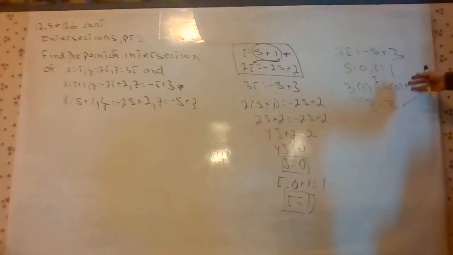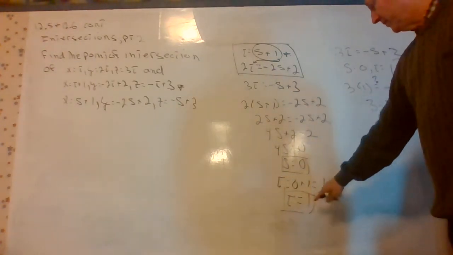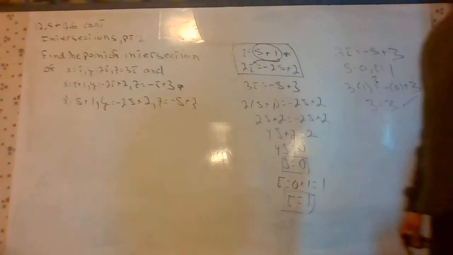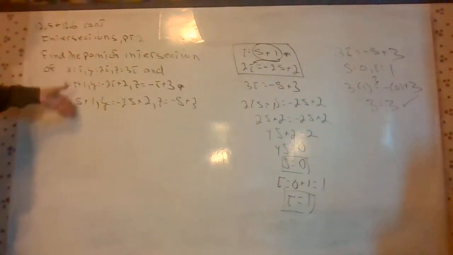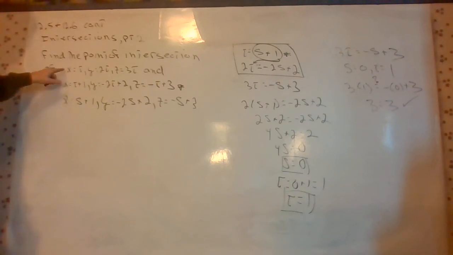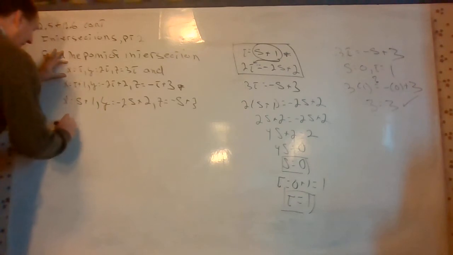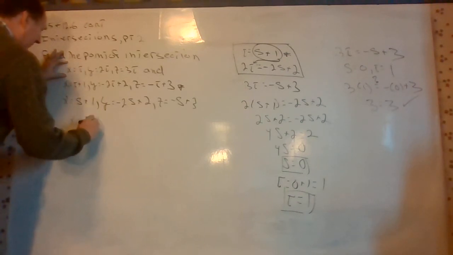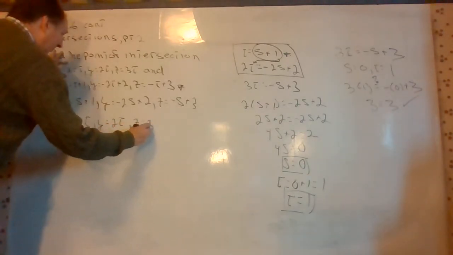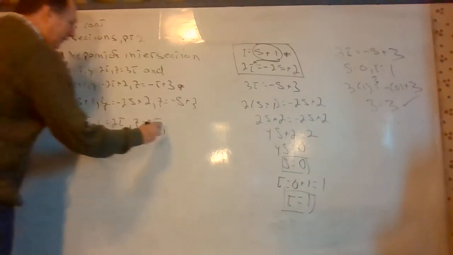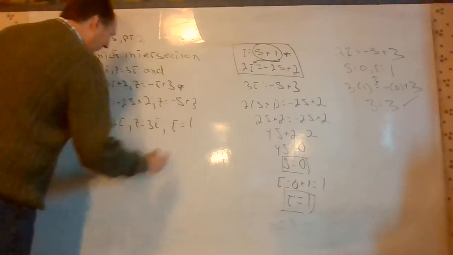I've simply shown you when s equals 0 and t equals 1. We can go back to the line equations. You can do both as a check, but technically you only need one. Take this first one. We left that parameter t. And so we're going to take x equals t, y equals 2t, z equals 3t, and we're going to substitute t equals 1.